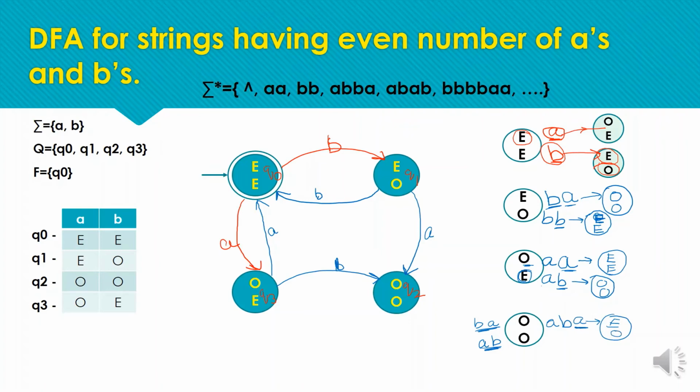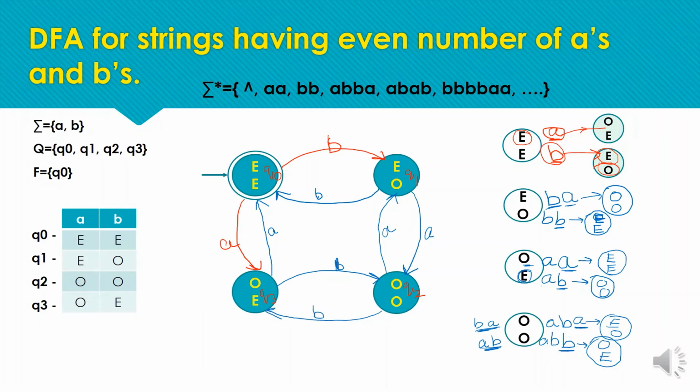So we have to move to the state EO, or we can say Q1, for the next input symbol A. Same way, on this state after receiving AB, we have to define the transition for the next input symbol B. On getting a B, we move to the state where the number of A's is still odd, but now the number of B's has changed from odd to even. This is the equivalent state for the same.